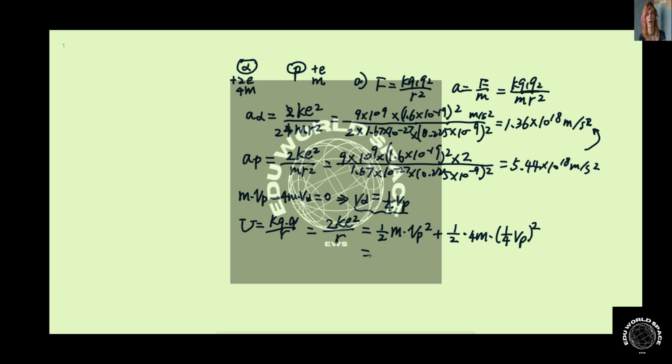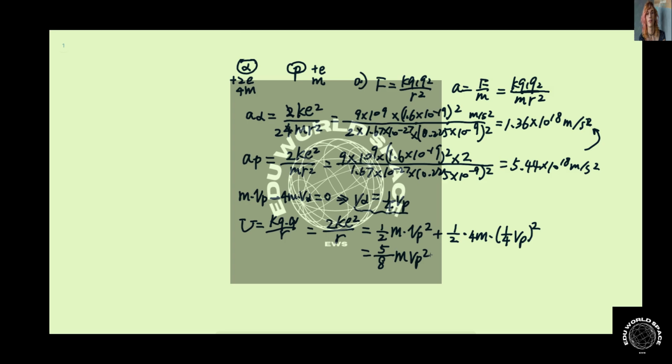If we simplify it a little bit, it is 1/2 plus 1/8, which is 5/8 of m v proton squared.